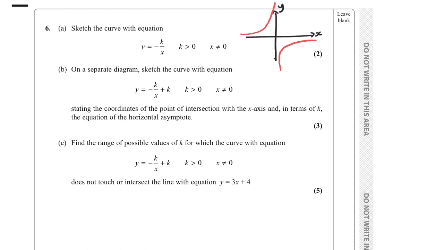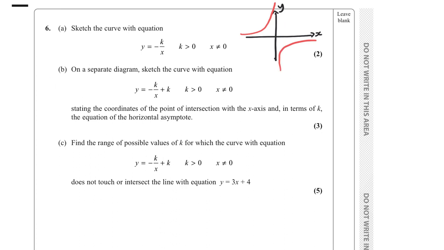Okay? Yeah. Then it says on a separate diagram, sketch the curve of the equation. Now this time it does say state the coordinates of the points of intersection with the x-axis in terms of k. Okay, so this time we need to actually see what's happening. So if this plus k is outside the bracket, all we're doing is a translation up. So we're moving it up this time.